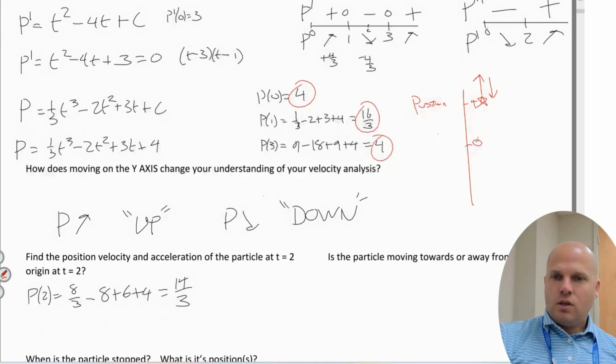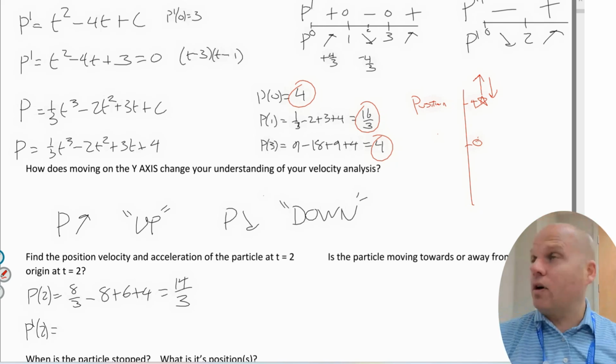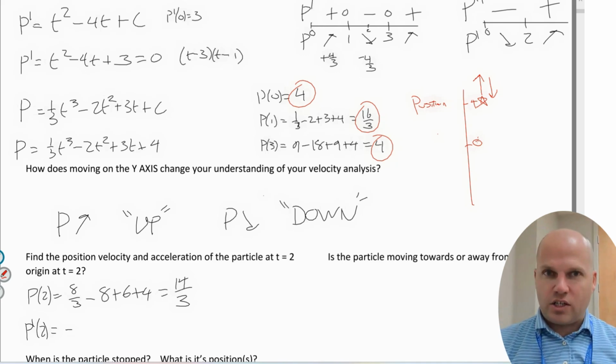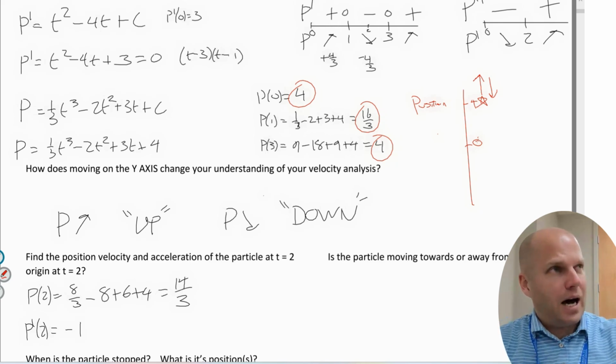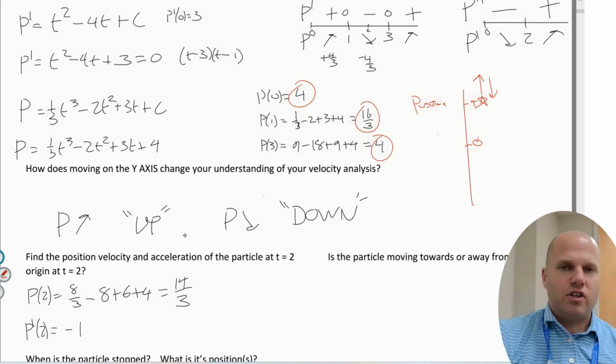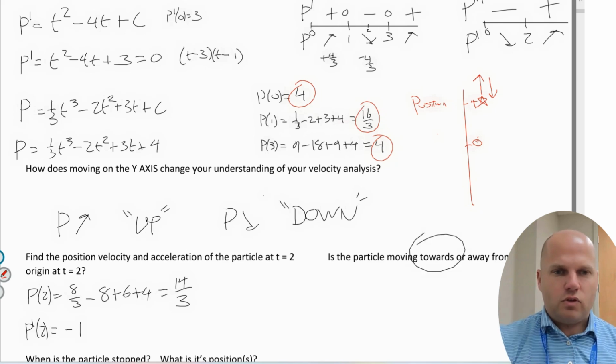Great. My velocity at 2 is 4 minus 8 plus 3, which is negative 4. Negative 4 plus 3 is negative 1. Does that check out? Yeah, my velocity is negative. I have a positive position that is decreasing. My position values are decreasing. I can move towards the origin, towards a position of 0.